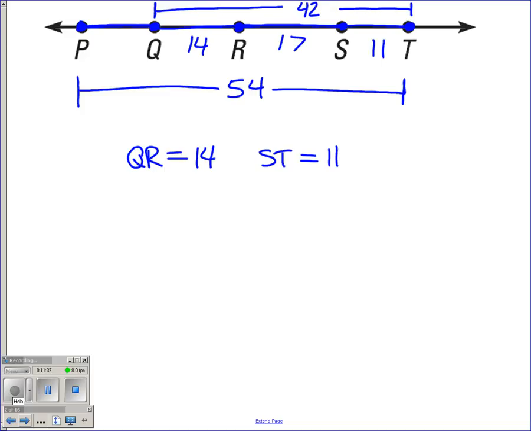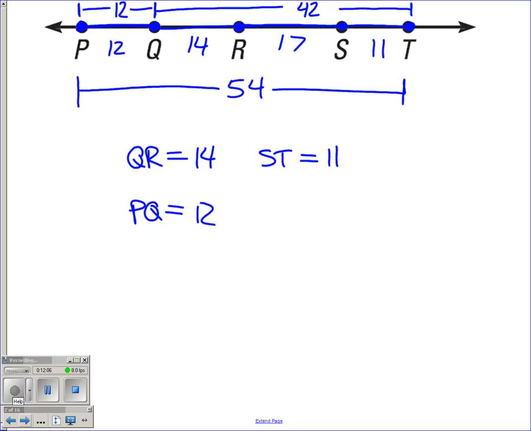Again, the segment addition postulate says these two segments have to add up to equal that amount. So 42 plus 12. So I'm going to put down PQ is equal to 12. And now I'm going to go through and start answering the questions. And notice that I'm answering the questions after I've labeled as much information as I possibly can.